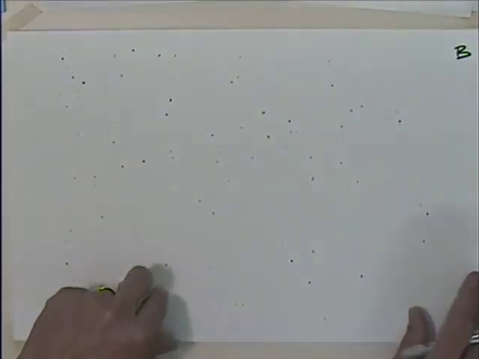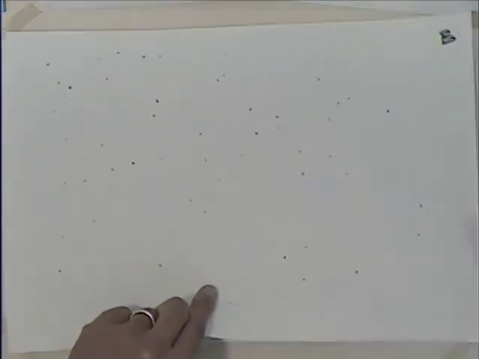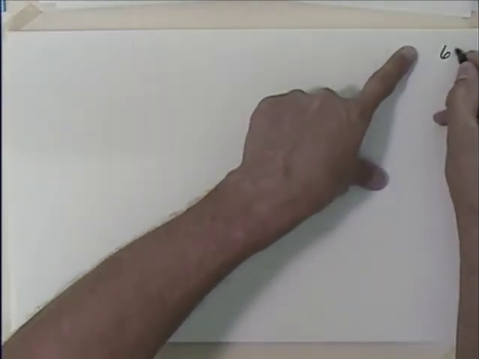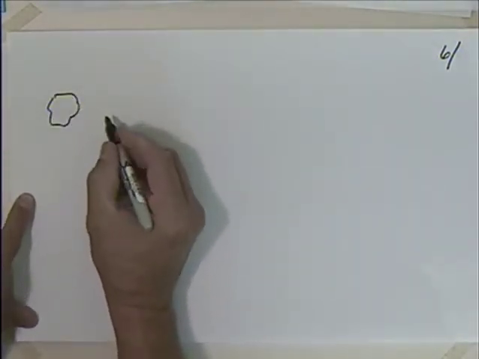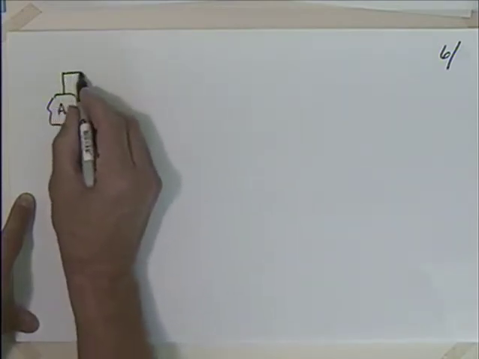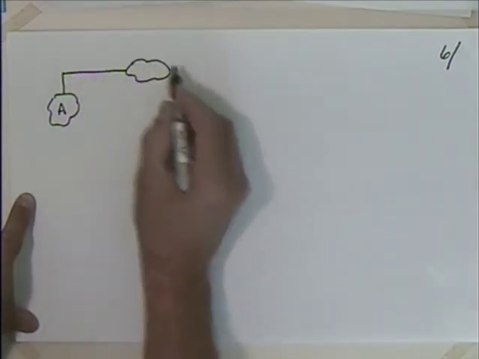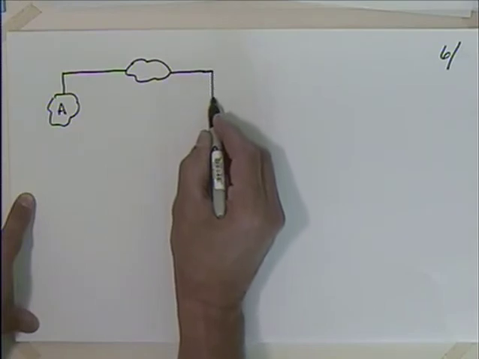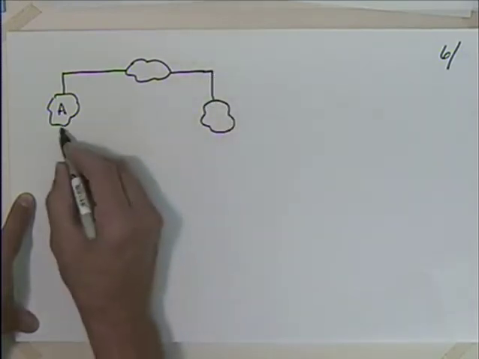Let me redo that. Okay, let me try this again. Apologize here. Okay, so we're just going to use these little clouds, and I'll say that this is cloud A, and I don't know whether it's a source or a load. We're going to talk about those real quick here, but I think this will be a good example before we do that.